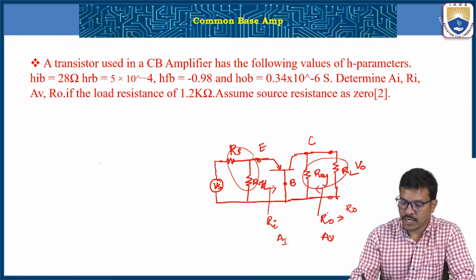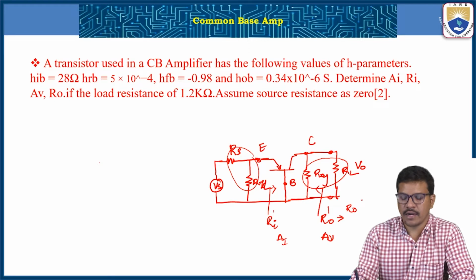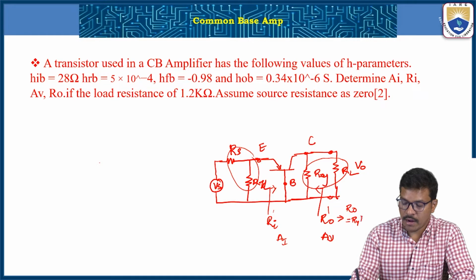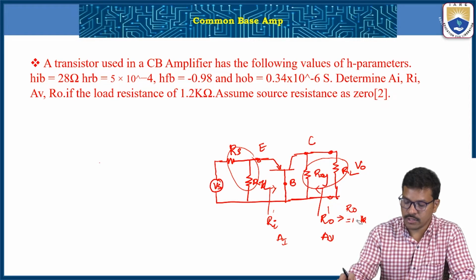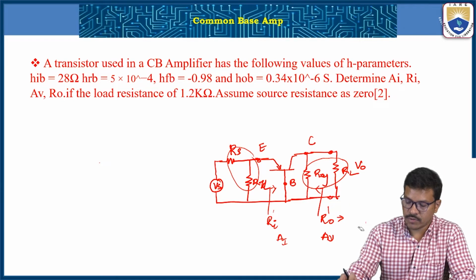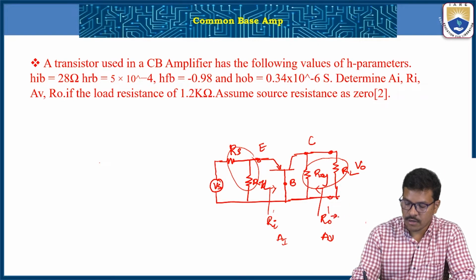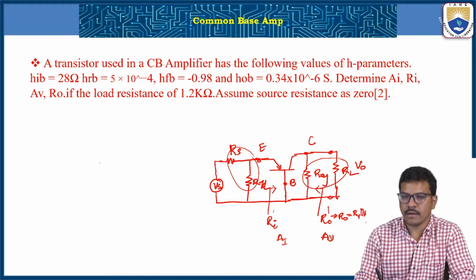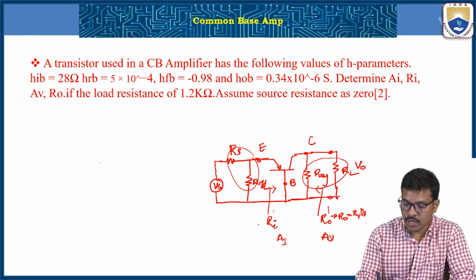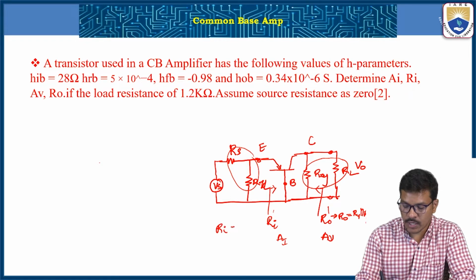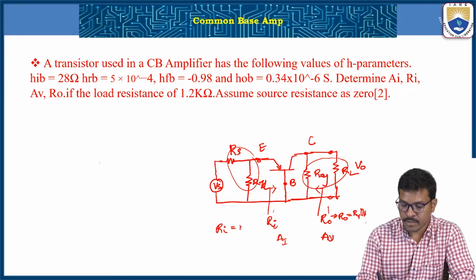the overall output impedance, like if you take this Ri dash, R naught dash, actual R naught is equal to Ry parallel R naught dash, sorry, actual output impedance is equal to Ry parallel RL, and what is actual input impedance, Ri is equal to basically this one, Ri parallel Rs.